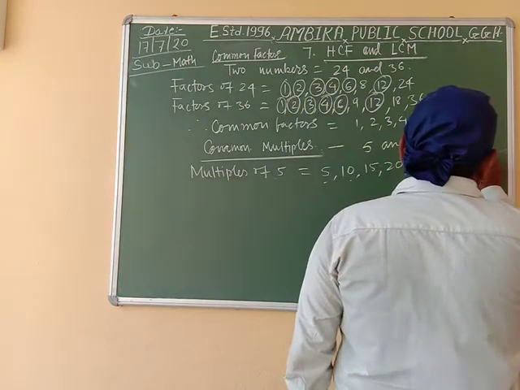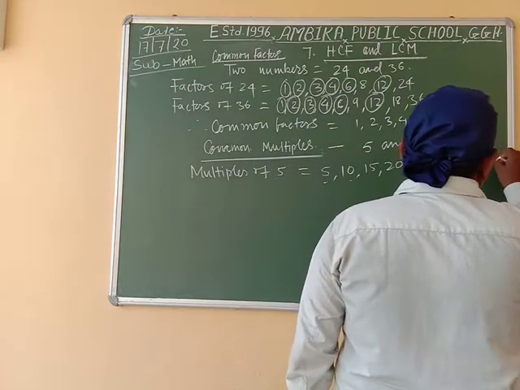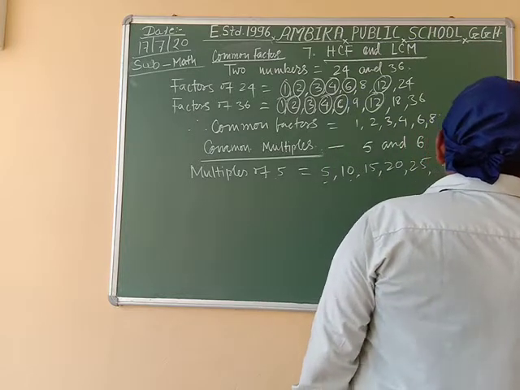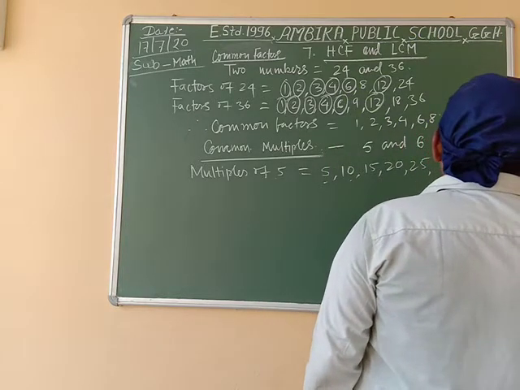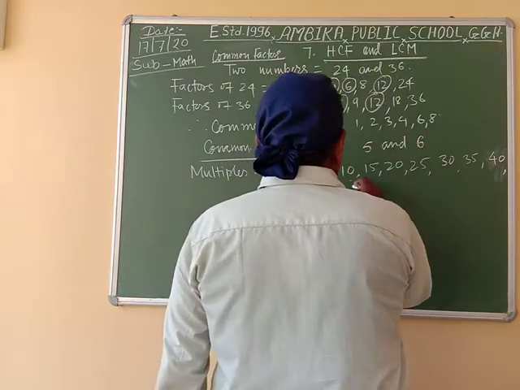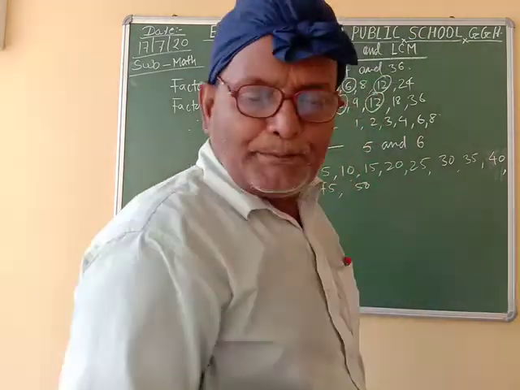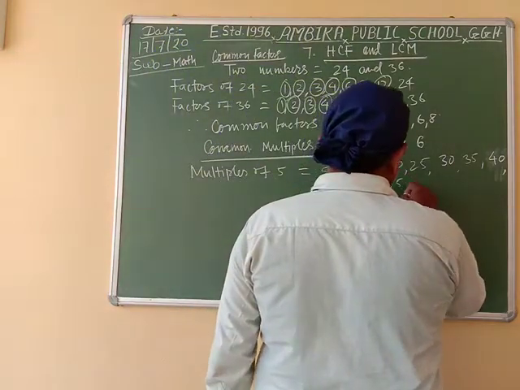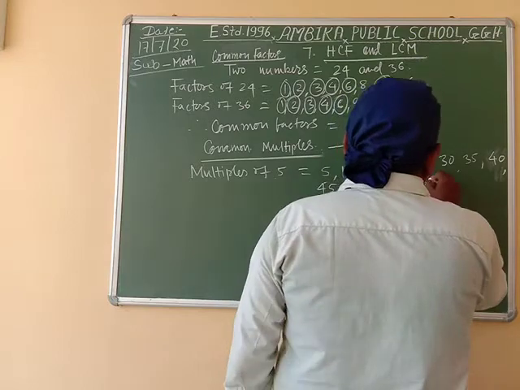Multiples of 5 continue: 30, 35, 40, 45, 50, 55, 60 and so on.